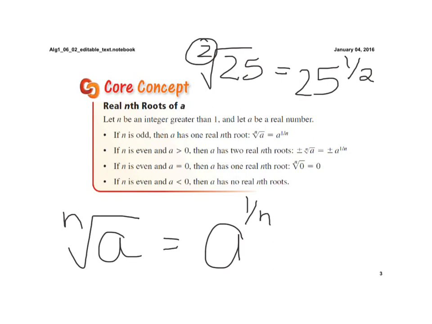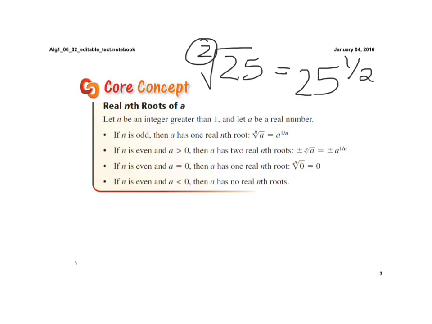Now, let's get back to the core concept here. What it says is if n is odd, meaning if the index is odd, so if I have the cube root of 8, then this a has only one real nth root, meaning what number times itself 3 times can equal 8.